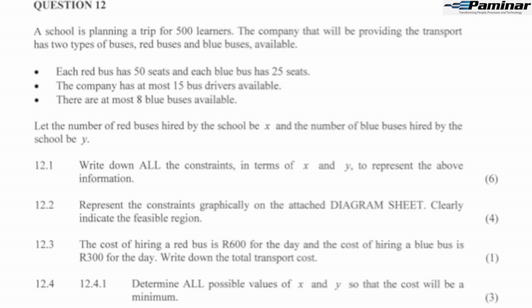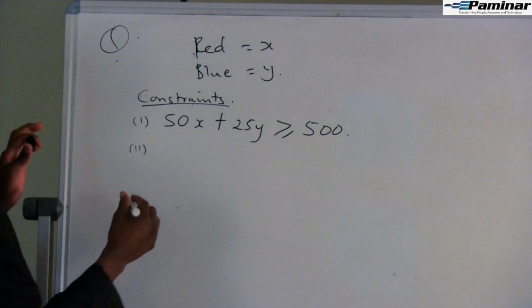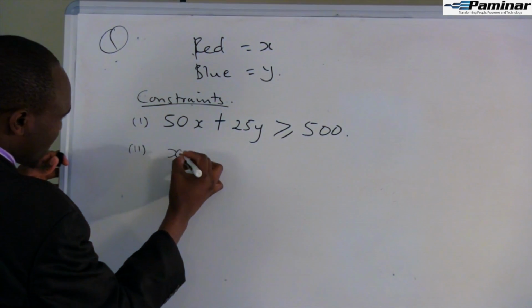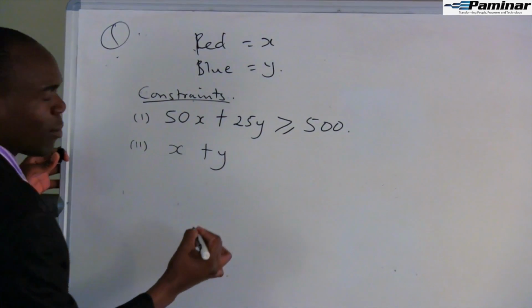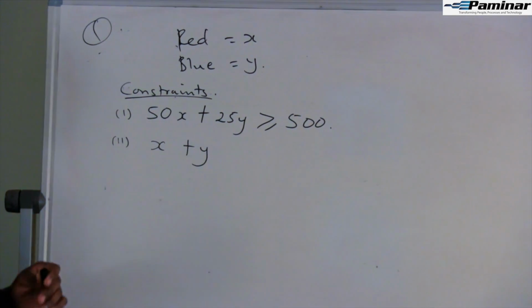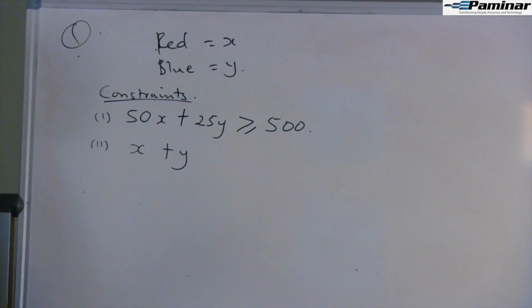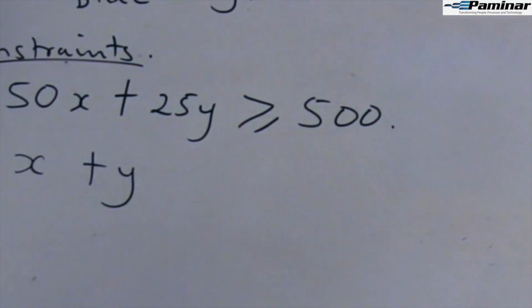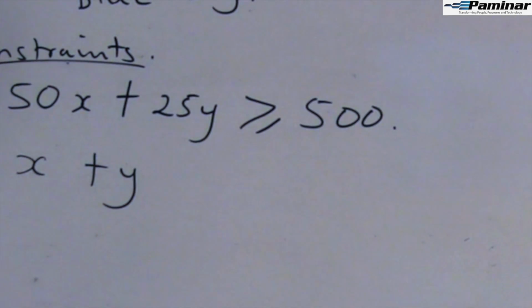The company has at most 15 bus drivers available. The company has at most how many? 15 bus drivers. Whether the driver is going to be on X or on Y, they should be at most. When you hear the words at most, it means 15 and less.